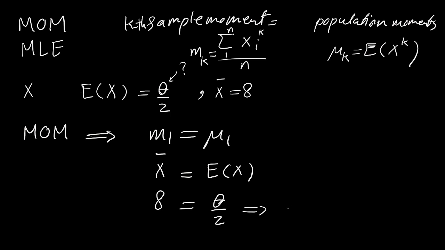So by solving, you know that theta hat is equal to 16. Why do I show it with hat instead of just simple theta? Because we are estimating the parameter and 16 is not the exact value of this parameter. We just estimate it by the method of moments.